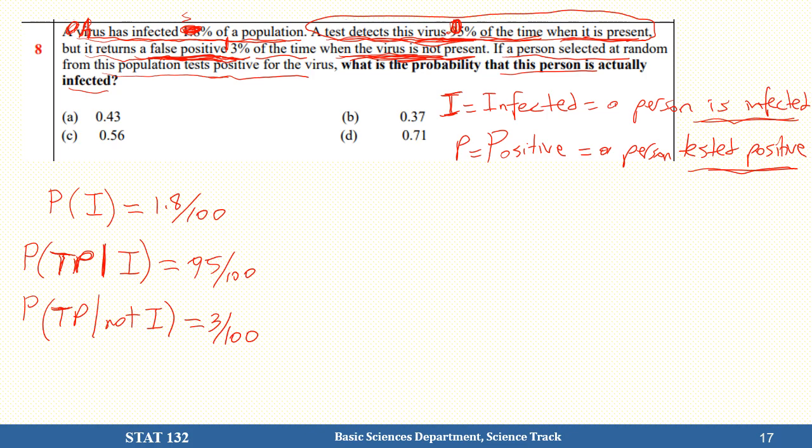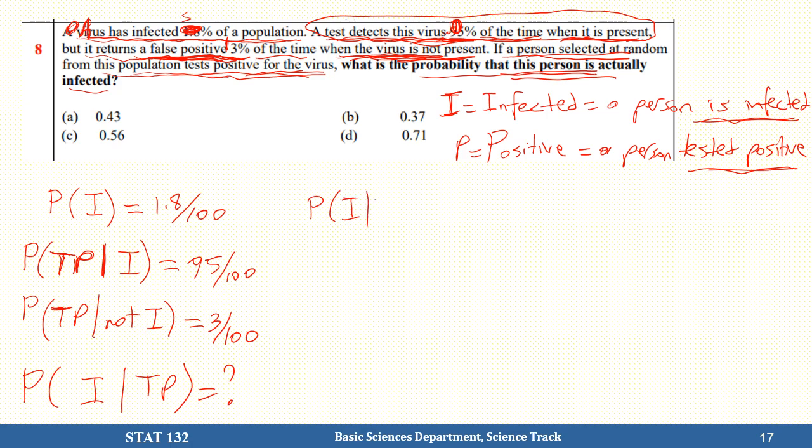If a person is selected at random from this population and tests positive for the virus, so we know this person tested positive, what's the probability that this person is actually infected? So we are trying to find this. Now let's use the Bayesian rule, but first let's go with the conditional probability rule.